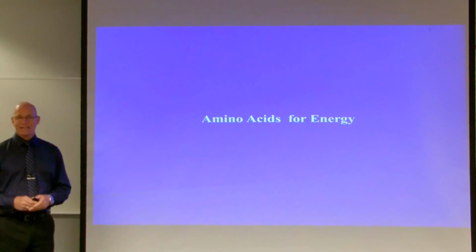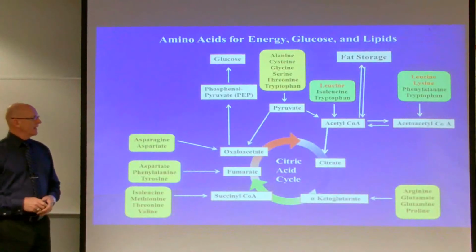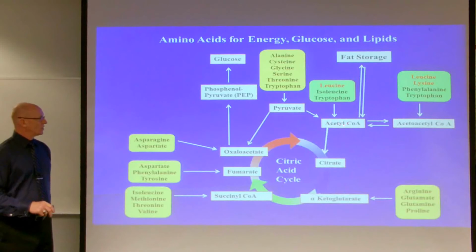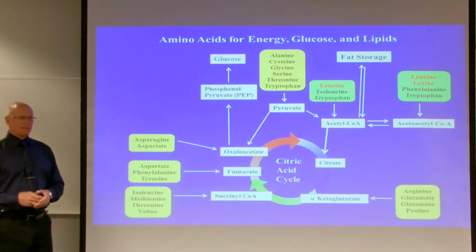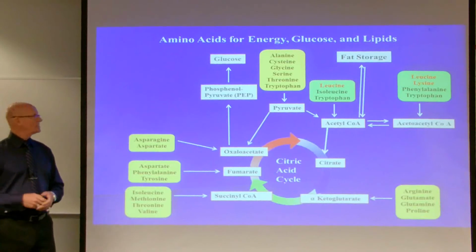So, amino acids as energy. We have many different amino acids coming into the citric acid cycle. Actually, they will come into pyruvate and acetyl-CoA, and they will come into the citric acid cycle at different points. What I'm going to point out here is the difference between ketogenic and glucogenic amino acids.